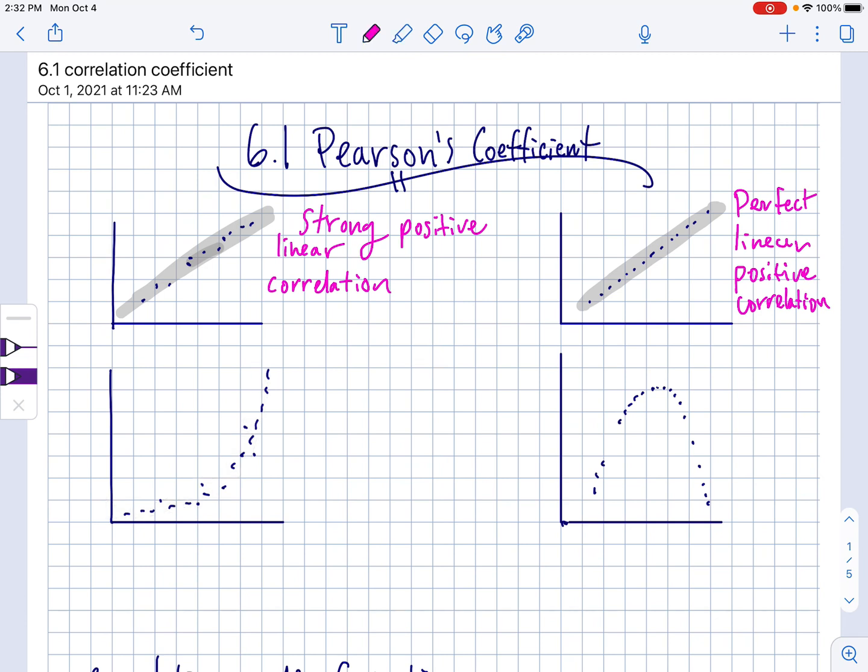Now this graph right here does have a strong correlation, but notice that it's kind of exponential. We're not going to say that it's exponential or anything like that. We'll just say that it's non-linear. Same thing with this graph right here.